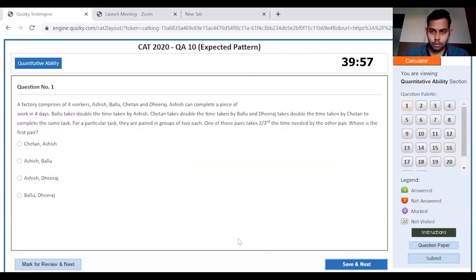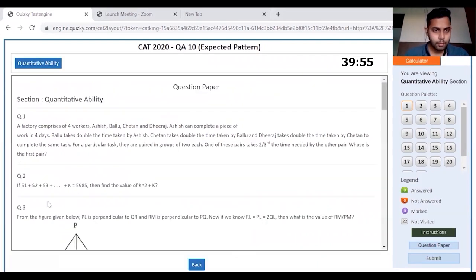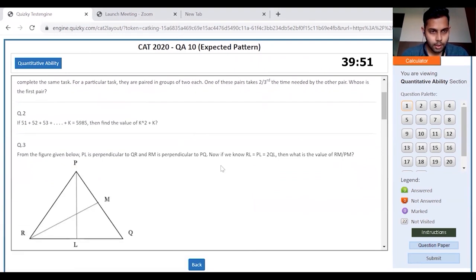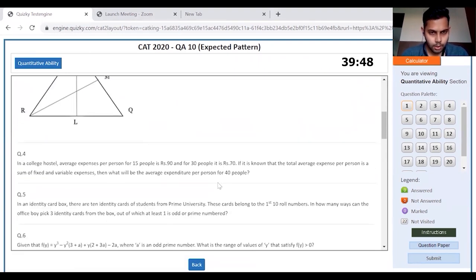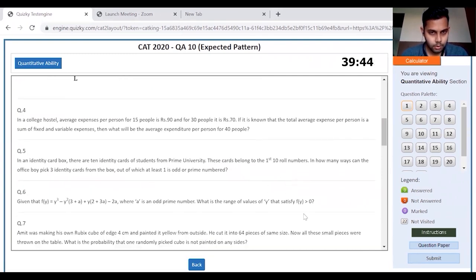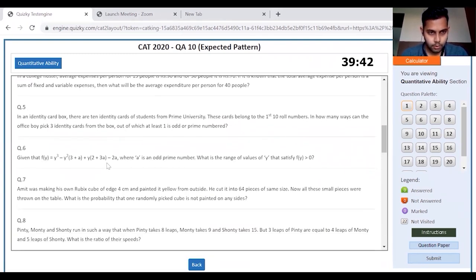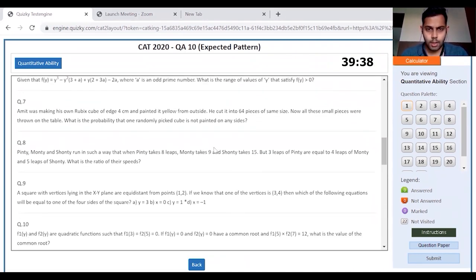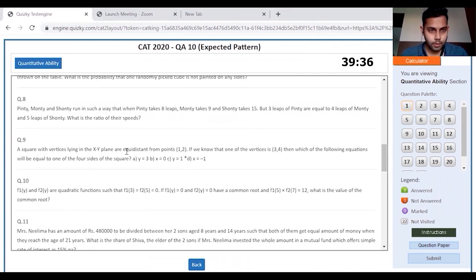Okay. Factory worker. Let's go to question paper mode. Arithmetic, quadratic, geometry. Arithmetic again seems easy. Rule numbers. Okay, this is थोड़ा solve करना पड़ेगा. Rubik's cube. Okay, I don't like this. 8, 9, fine. Arithmetic. Square, what dice is?